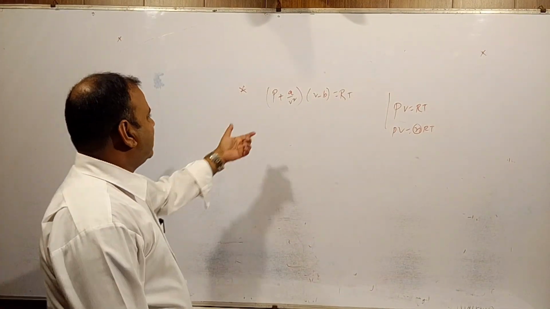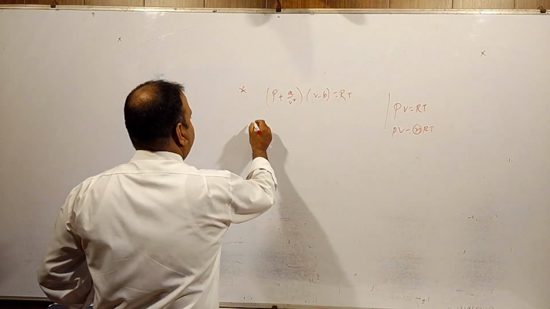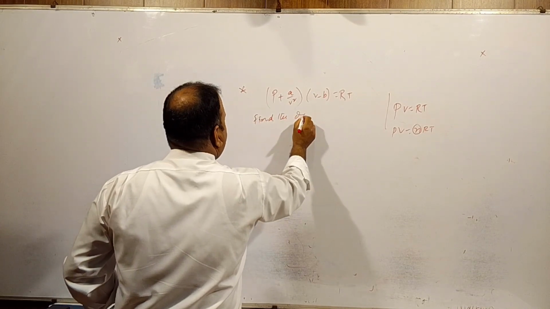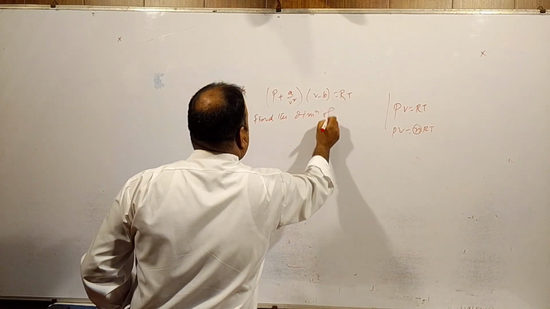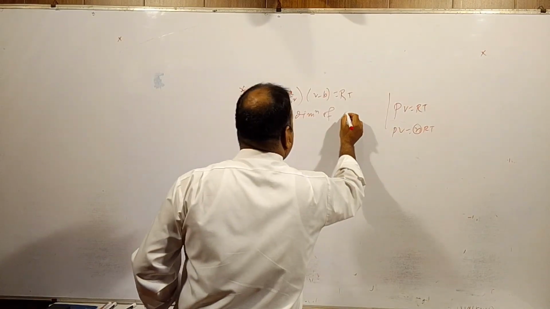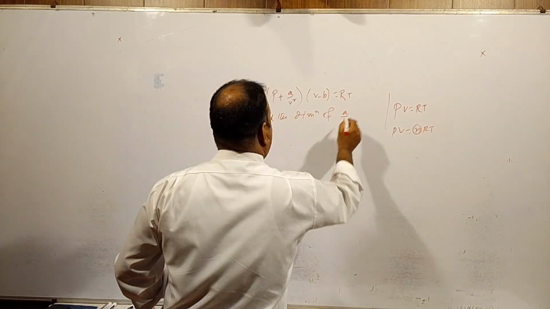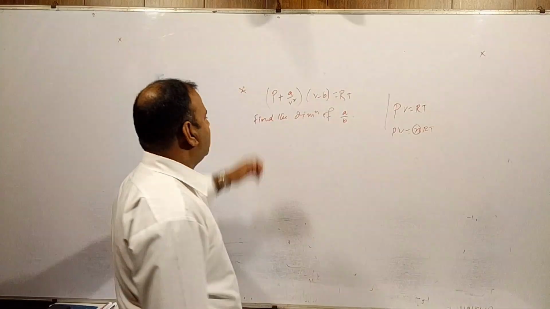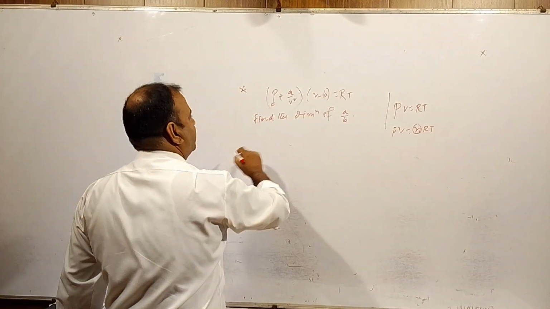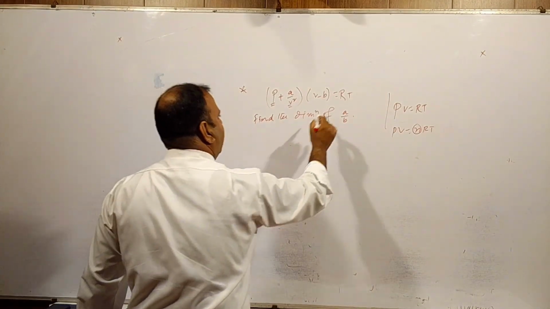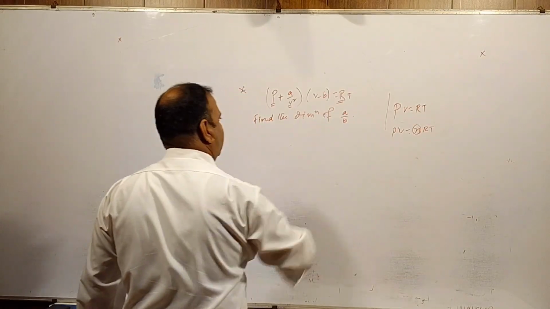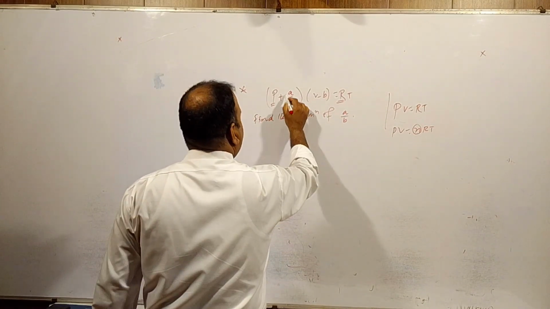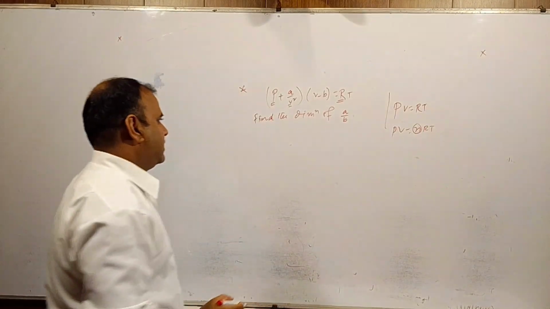Now see, from the given relation, find the dimension of a by b. Here you already know P means pressure, V means volume, R is the universal gas constant, T means absolute temperature, and a and b are constants.